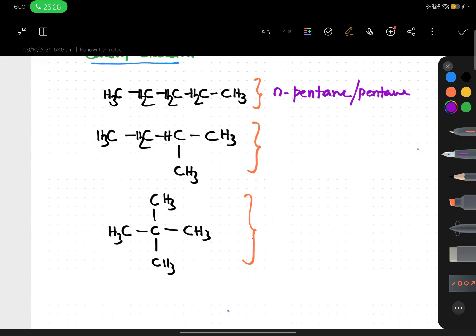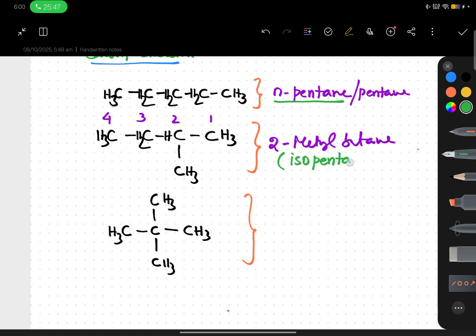How do you name the second molecule? 1, 2, 3, 4. So 2-methylbutane. The common name: N-pentane is a common name. Similarly, isopentane.